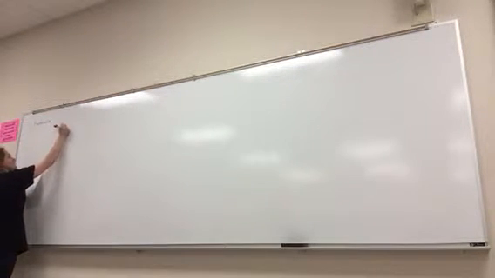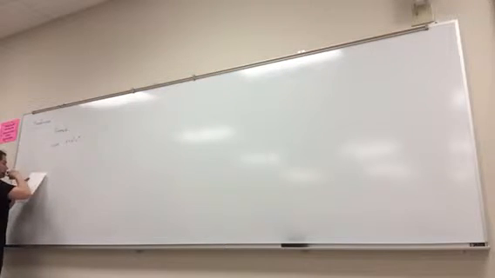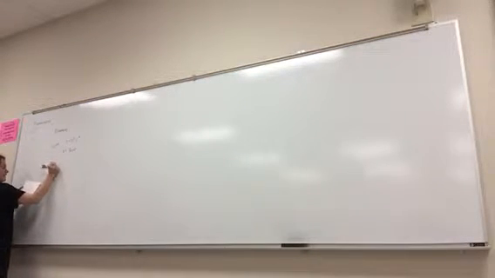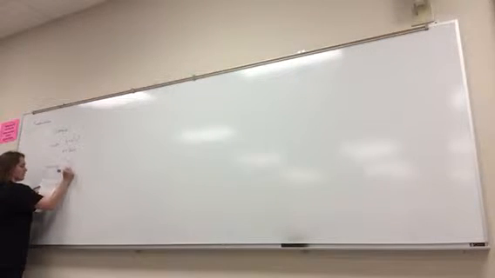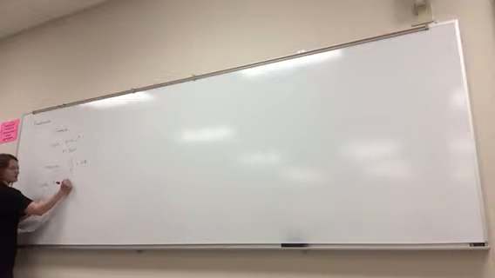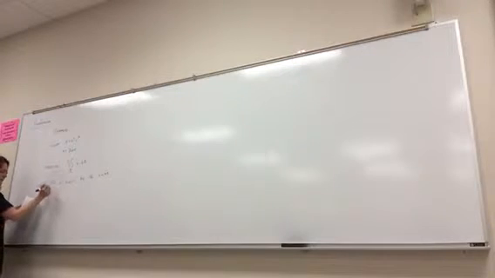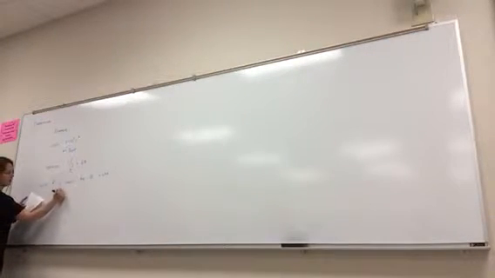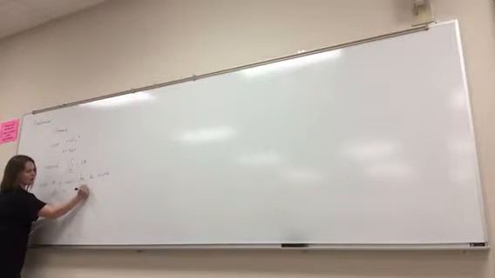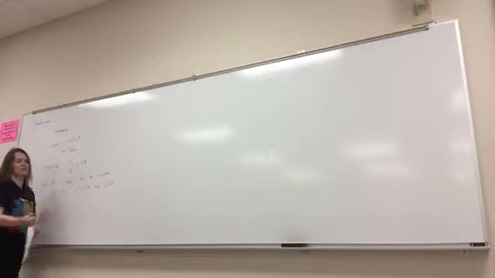The example we're going to look at is bound by the x-axis, y squared equals 4 minus 4x, y squared equals 4 plus 4x, and y is greater than or equal to 0.